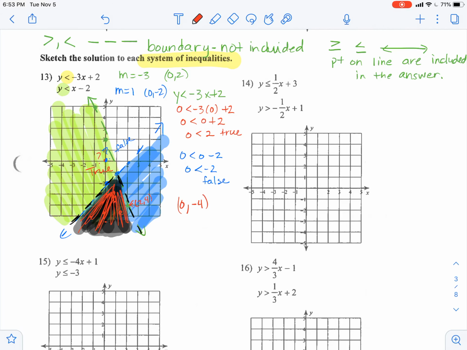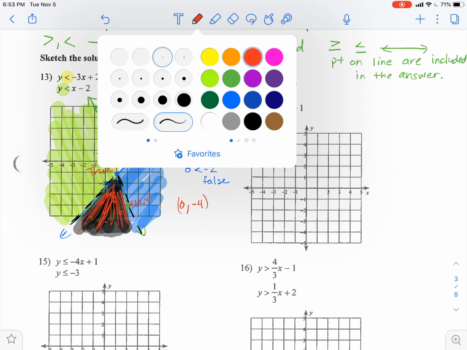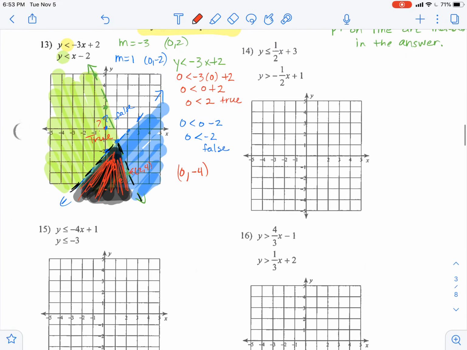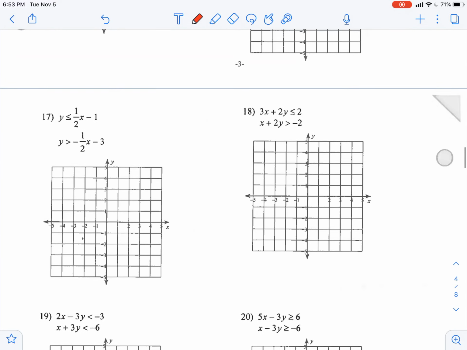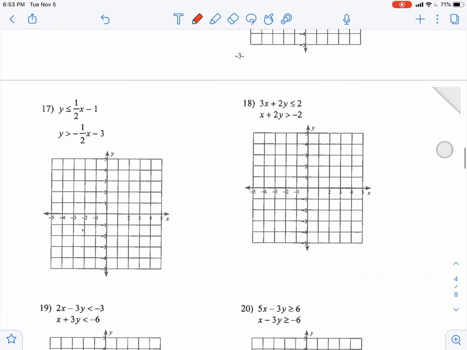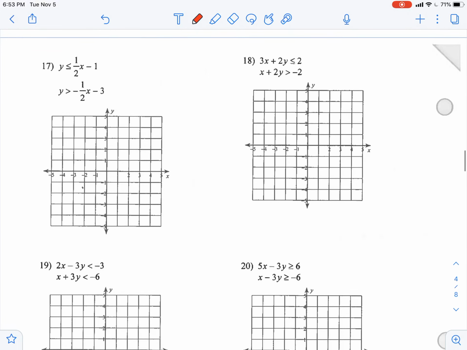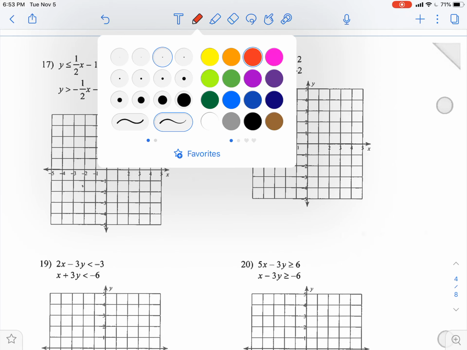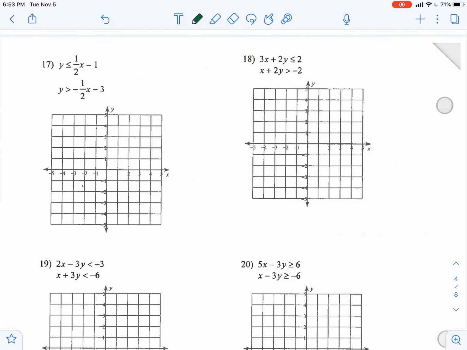Let me do another one for you. I'm going to slide on down to the standard form one. So I'm going to start with this one in standard form. Again, I'm going to let my zeros be.